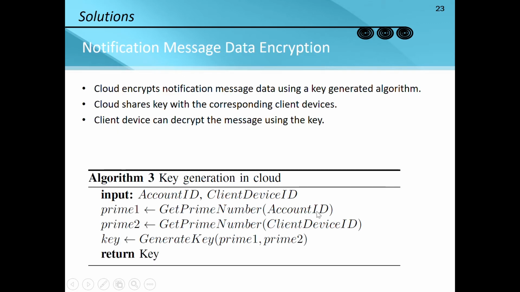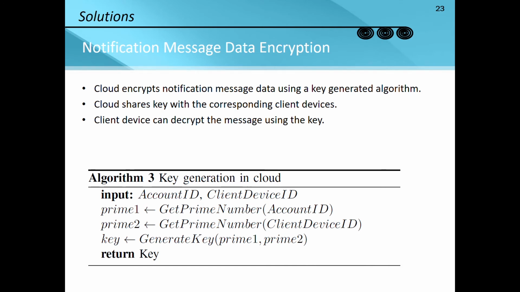We solve the CloudPush framework vulnerabilities by encrypting notification message data and implementing a check in the cloud database layer with the currently active client account ID. The cloud encrypts notification message data using a key generated using the algorithm tree shown here and shares the key with the corresponding client application.